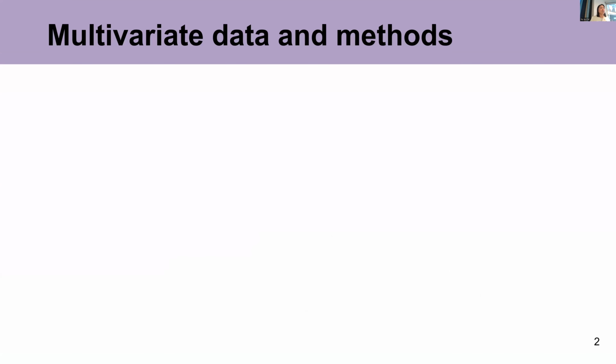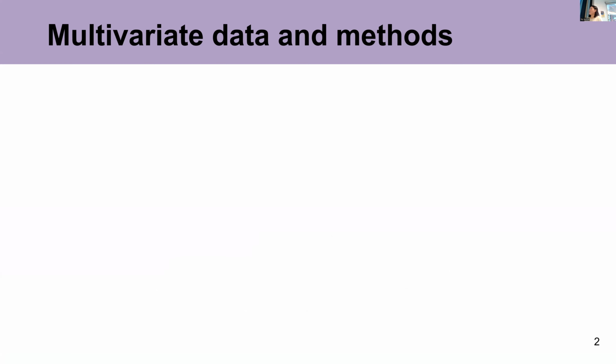So multivariate data. Anyone know about multivariate analyses? You've heard of it before? So what is your understanding of multivariate data? Guess, we're looking at multiple variables predicting other multiple variables and their relationship.